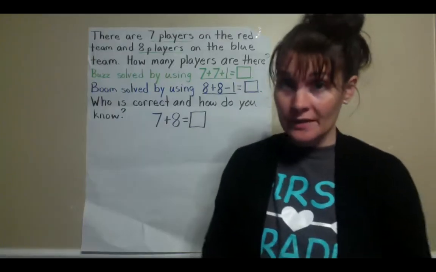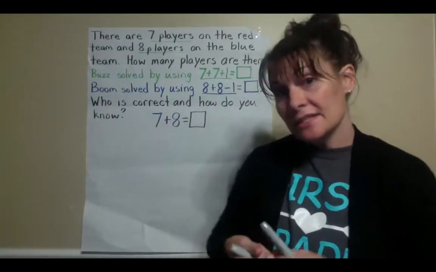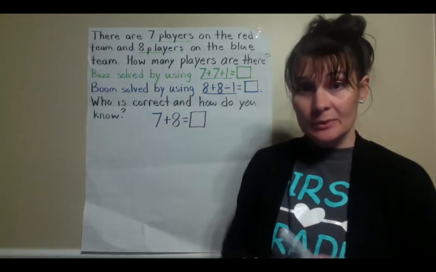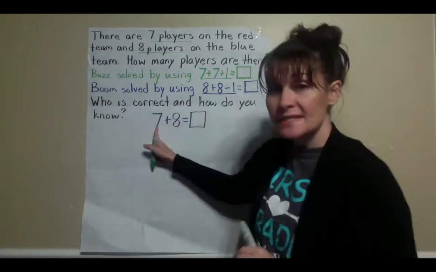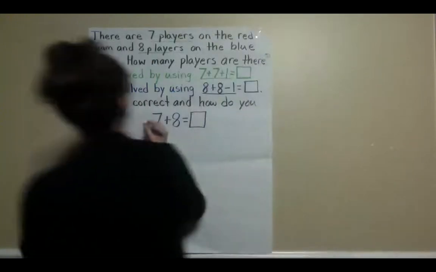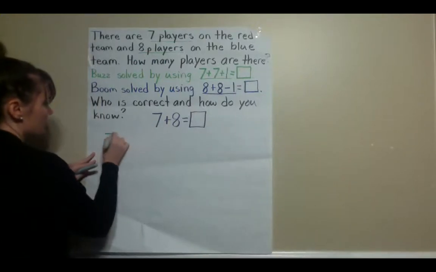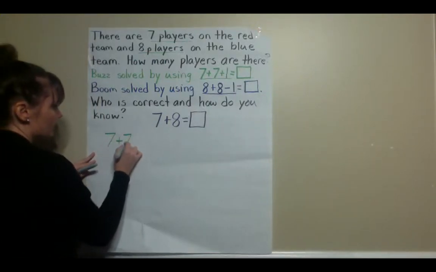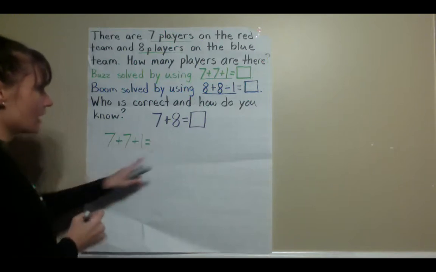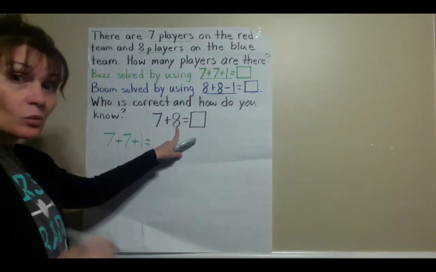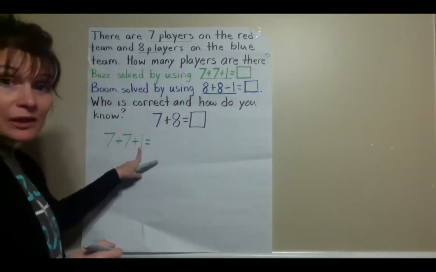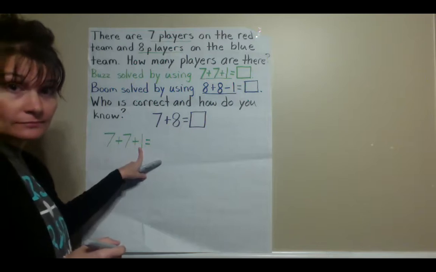I heard some great thinking. Let's double check some of your answers. I heard some people say you can double the 7, so let's try that. 7 plus 7 plus 1. I know that 8 is 1 more than 7, so I need to add my plus 1.